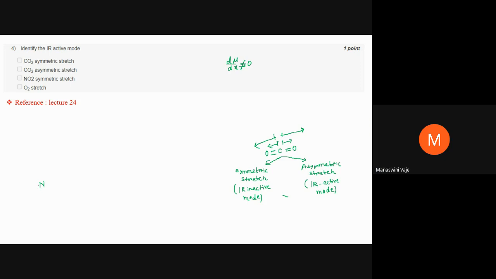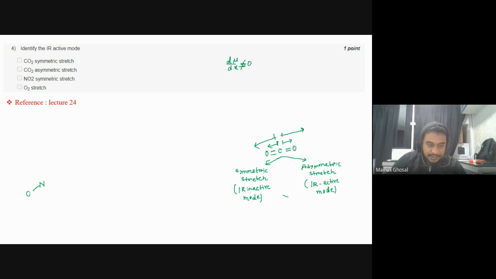NO2 has a bent structure. Is what I have drawn correct? Yes, because the negative charge is delocalized over these two oxygen atoms. Either one would be negative, one will be a double bond, another will be negative, so it is delocalized between these two oxygen atoms.